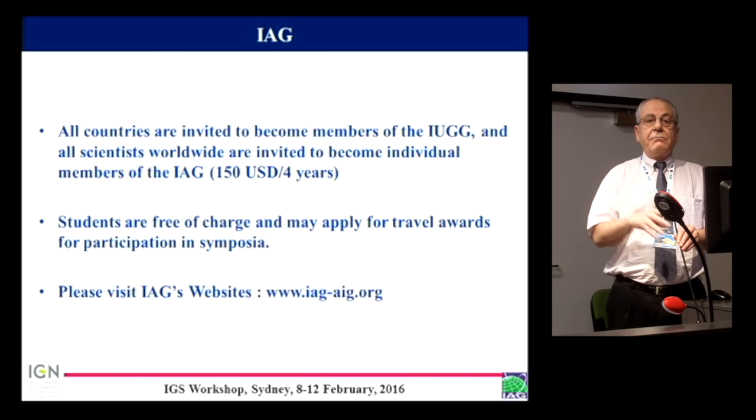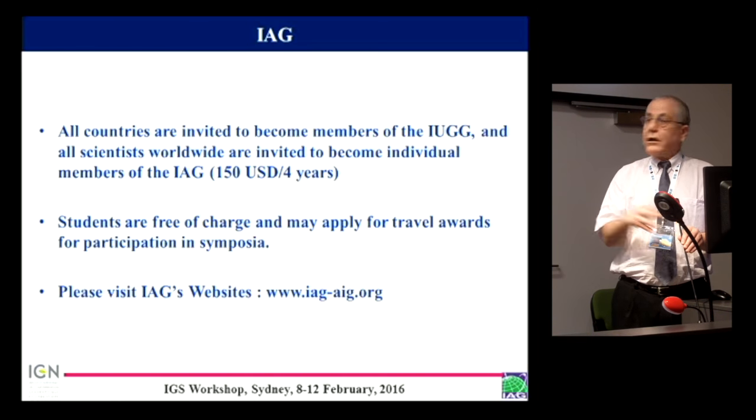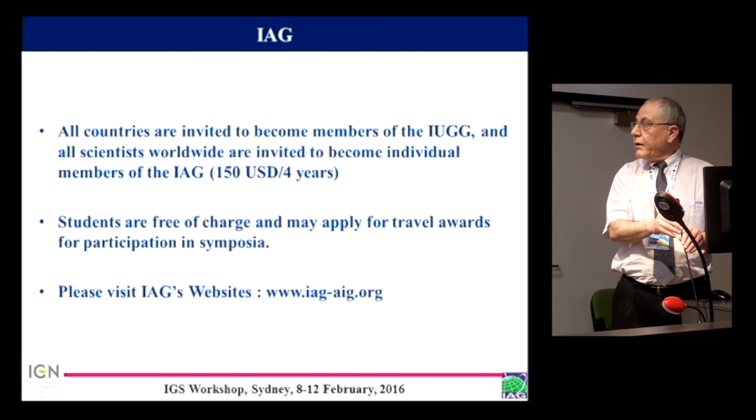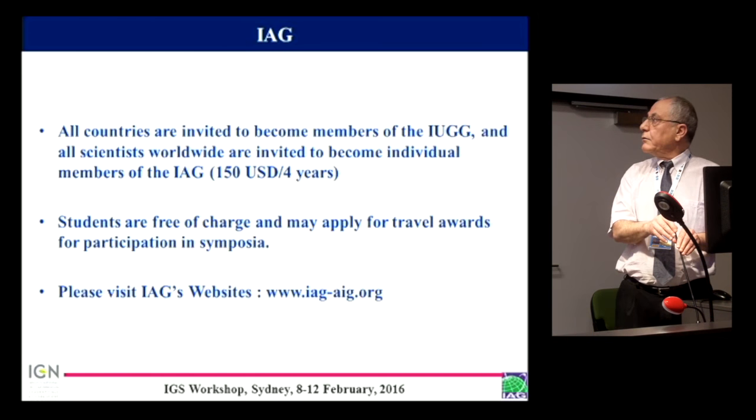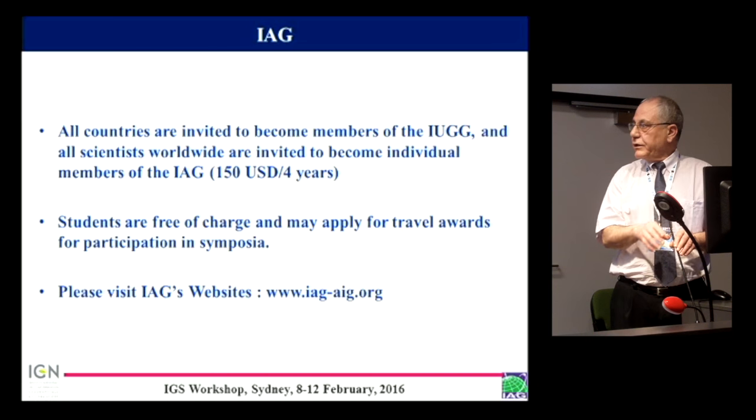So, one message from our IAG Secretary General, Hermann Drewes, you can read that. IAG is open to host all countries, and all countries are encouraged to become members of IUGG and automatically be members of IAG.